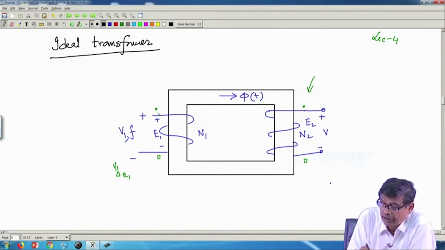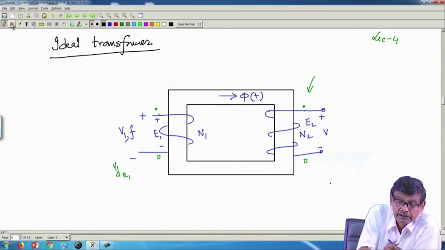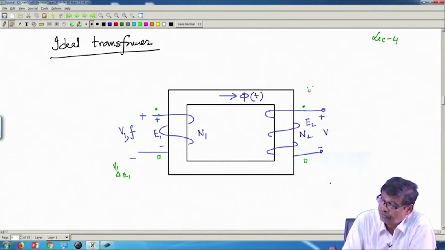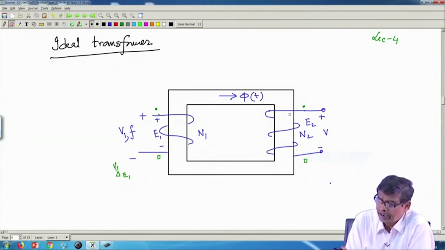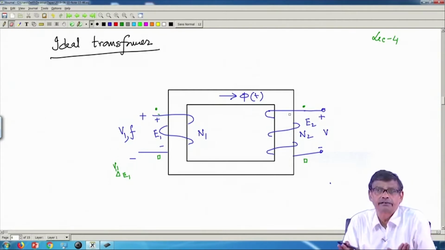Then I told you about the dot marking, these are called dot markings, and how to find out the dot markings by applying Lenz's law. So that everything is now in place.